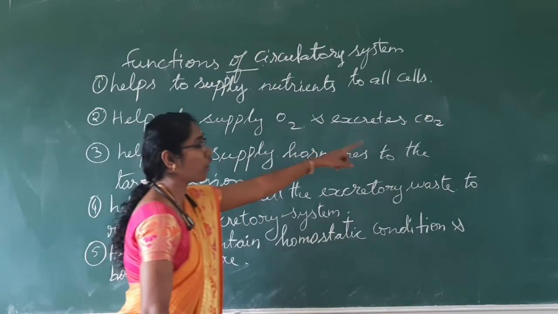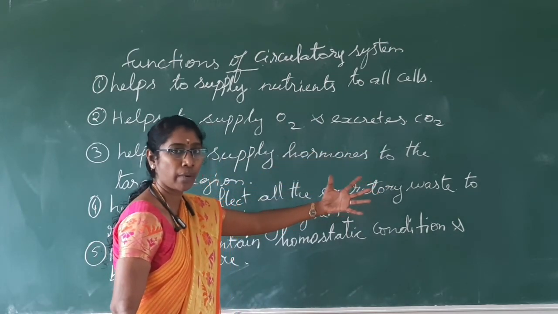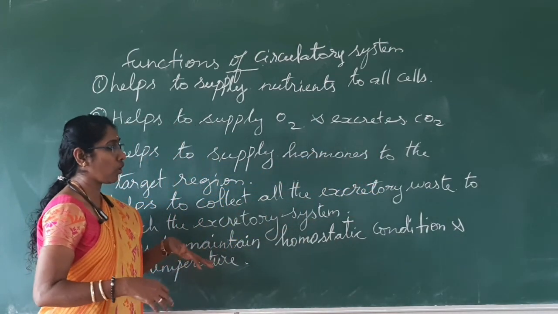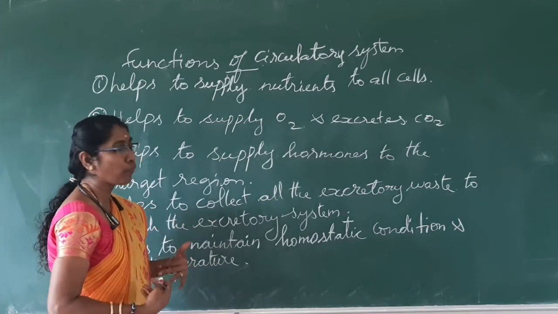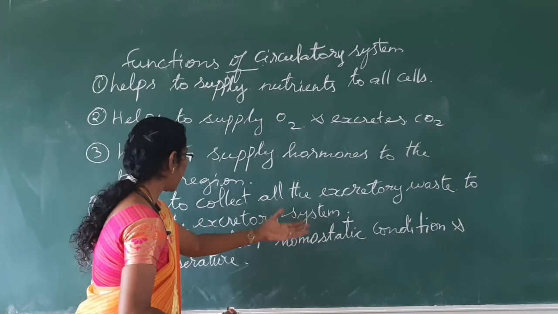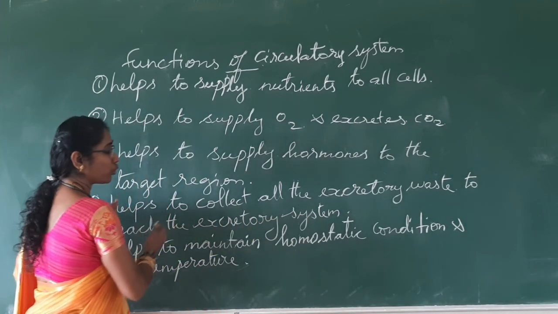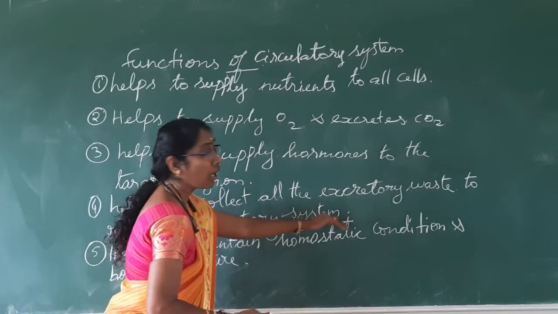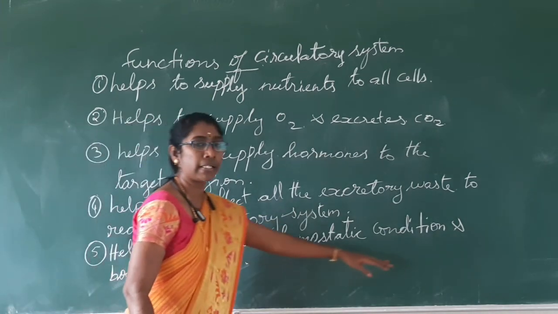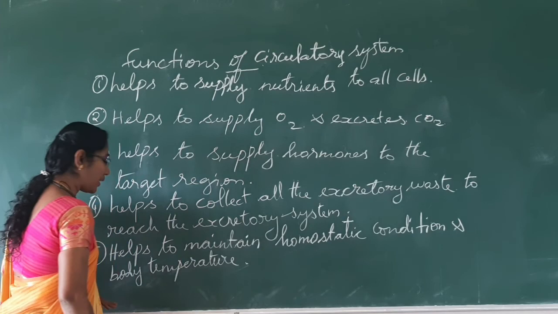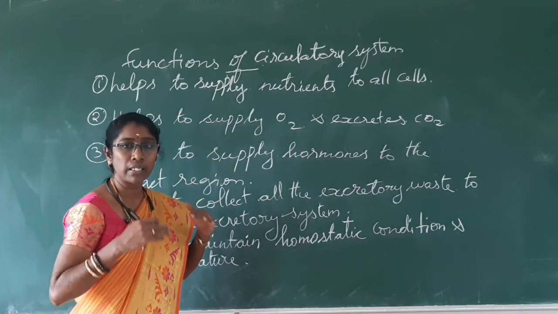Not only carbon dioxide, but whatever excretory waste is produced by our body and cells, everything is collected and helps to reach the excretory system. And the next step helps to maintain the homeostatic condition as well as a constant body temperature.